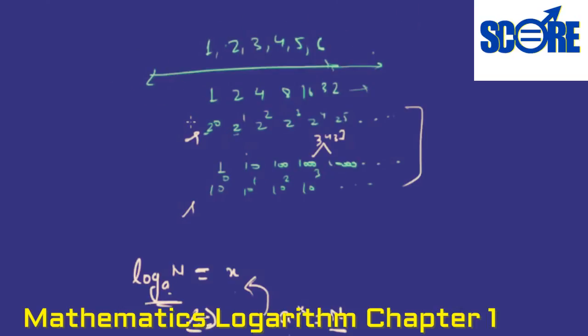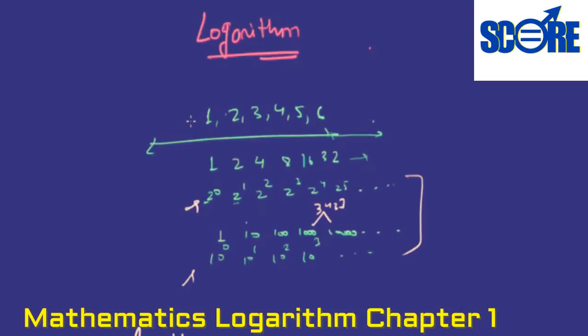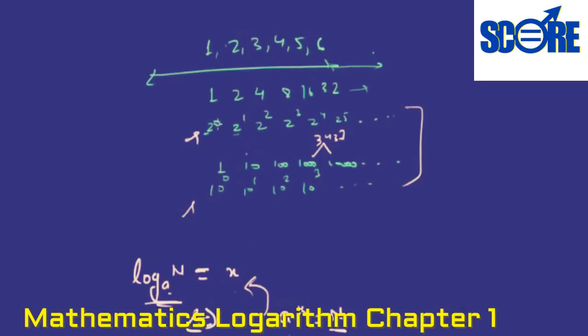So, if I look again at the scale, this is again written in terms of the logarithm. I can say 2 raised to power 0 is 1, 2 raised to power 1 is 2, 2 raised to power 2 is 4, 2 raised to power 3 is 8. Now, if this is a logarithm scale, then 0, 1, 2, 3, 4, 5 is nothing more than that. 2 raised to power 0 is 1, so log 1 to the base 2 is 0, right?